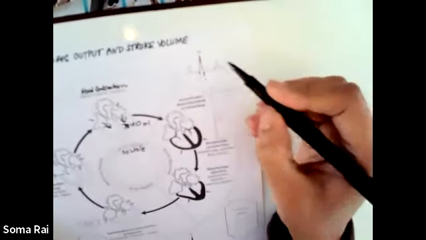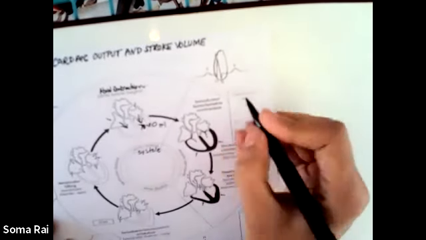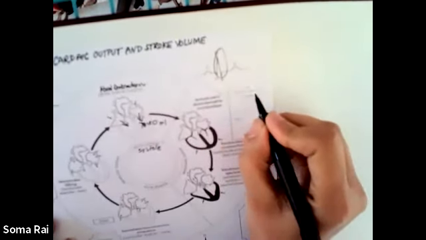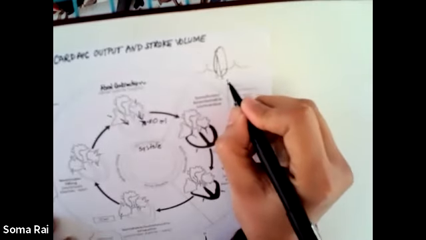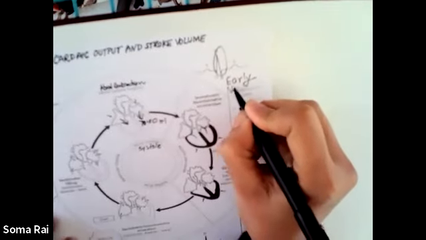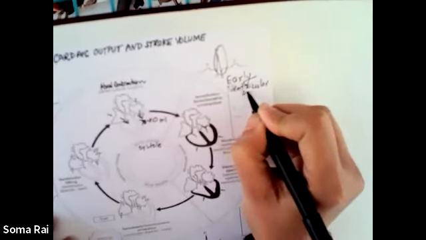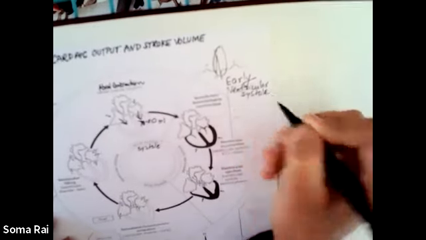In terms of ECG, we are looking at this area. And in terms of early ventricular systole, it is called early ventricular systole.